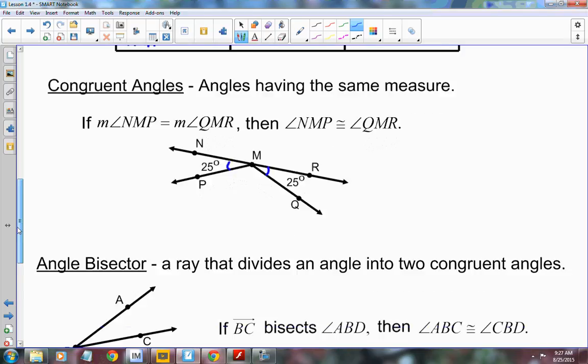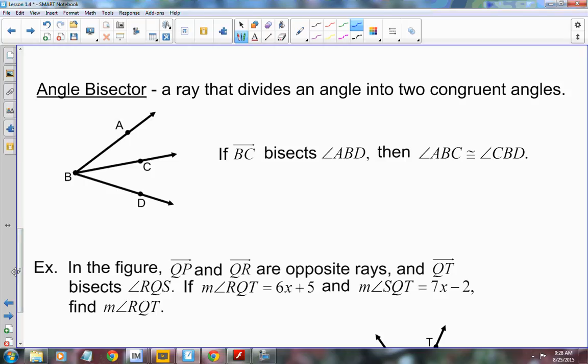All right, here's another big word, angle bisector. An angle bisector is a ray that divides an angle into two congruent angles. Now, we talked about a segment bisector last week. Where does a segment bisector go through? It goes through a segment at its midpoint, which means it breaks it into two congruent parts. Well, with an angle bisector, it goes through the middle.